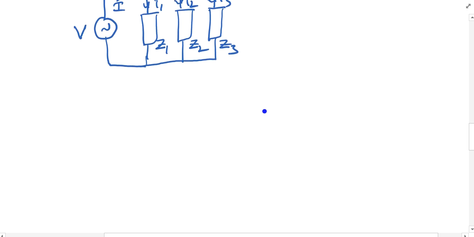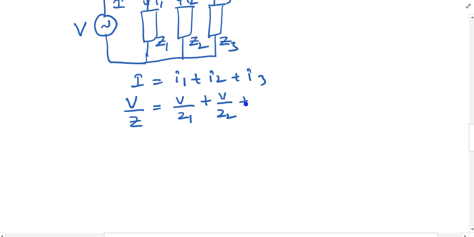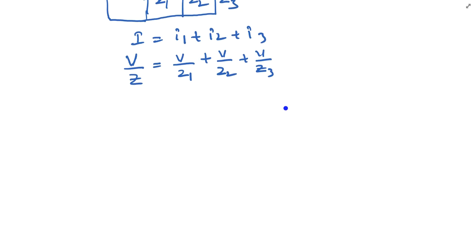So the total current I can write here is I equals I1 plus I2 plus I3. What is this I? It is nothing but V by total Z. It is nothing but V by Z1, V by Z2, or V by Z3. Or I can convert the impedance Z into admittance.